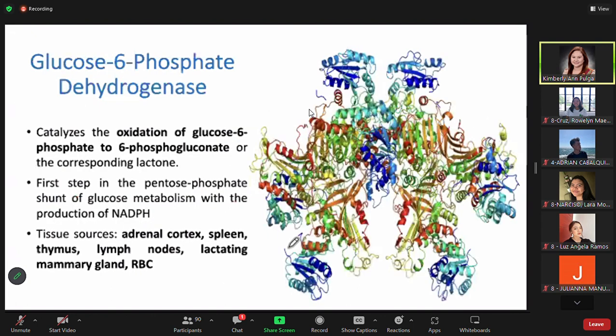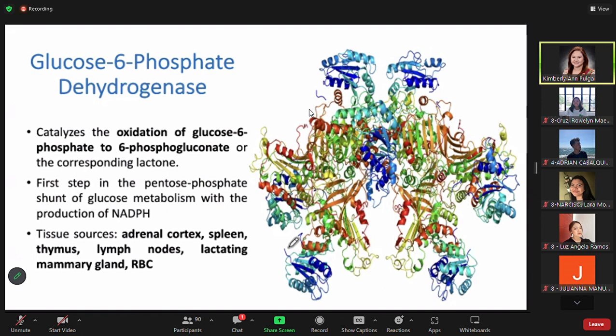So we're done with your LDH. Next is your G6PD, or glucose 6-phosphate dehydrogenase. It catalyzes the oxidation of glucose 6-phosphate to 6-phosphogluconate or the corresponding lactone. Just remember that G6PD maintains your nicotinamide adenine dinucleotide phosphate in its reduced form.